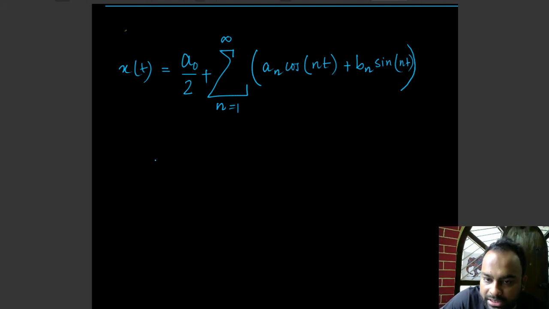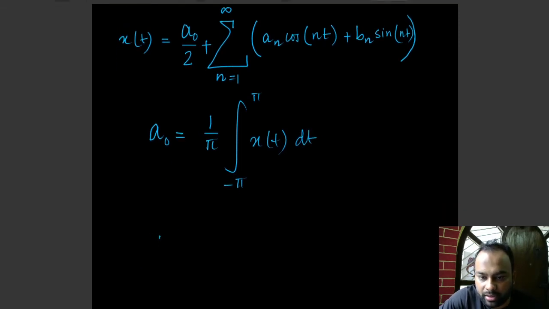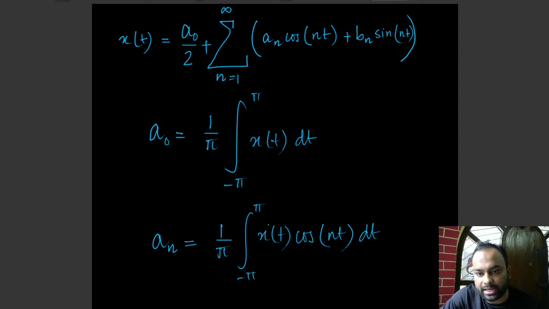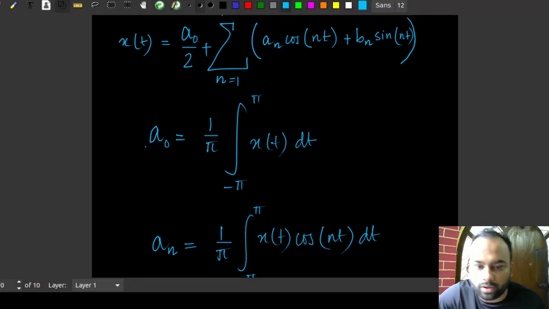Then all these components can be separately calculated as this. That's the component corresponding to the DC component. That's the cosinusoidal component. And I don't have any space right now. Hold on.